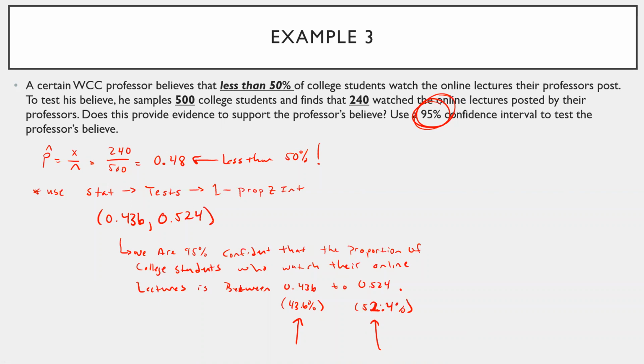Notice how the confidence interval goes above 50%, okay? The real value could be above 0.50, okay? So even though the professor got a point estimate of 48%, the evidence does not support his claim.